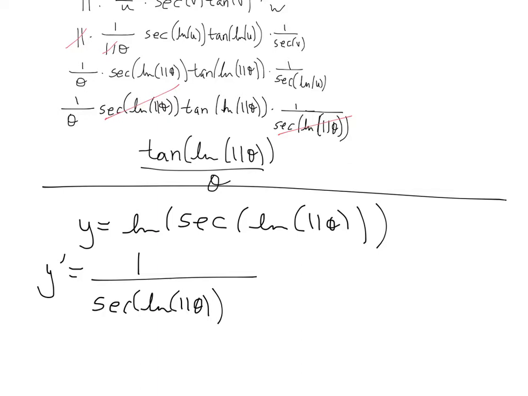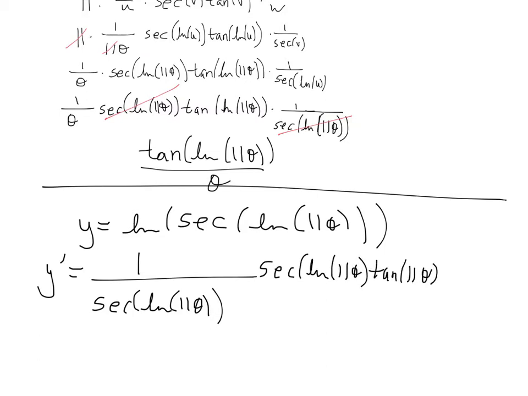The derivative of ln is 1 over the inside. Now I'm going to put my finger over that, and I'm going to take the derivative of secant, which is going to be secant tangent, and leave the inside alone.